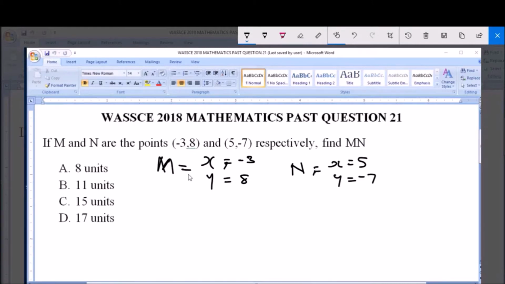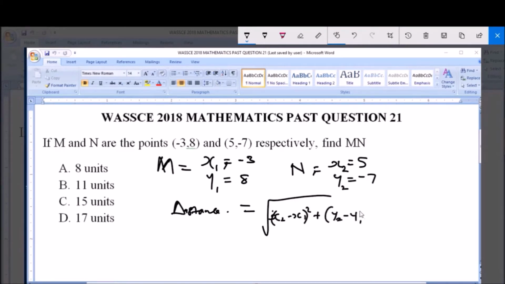Now the coordinates of point M, let's term them x1, y1, and that of point N to be x2, y2. Now the formula for finding the distance between 2 points is equal to the square root of (x2 minus x1) squared plus (y2 minus y1) squared.